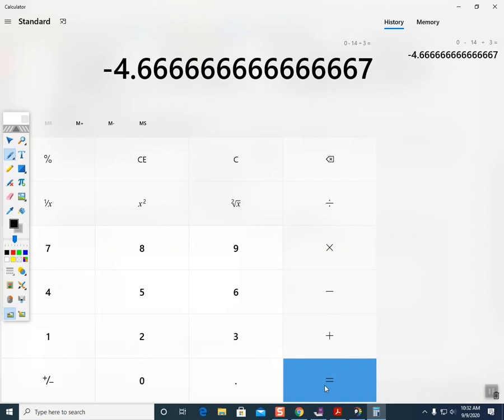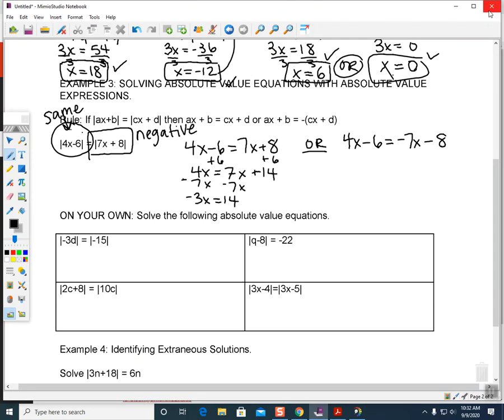So what you're going to do from here on out is you're going to leave it as a fraction. So I know that I need to divide both sides by negative 3.